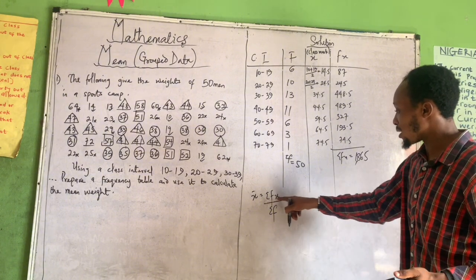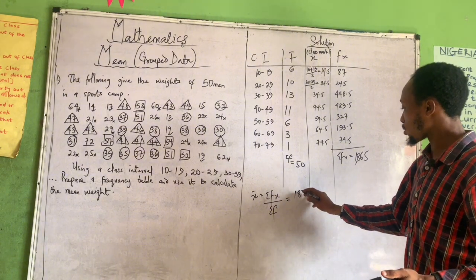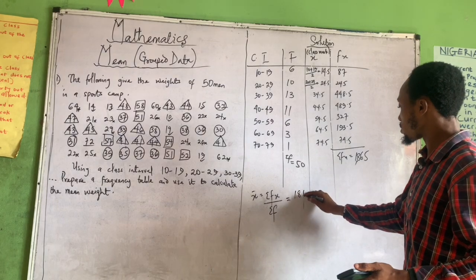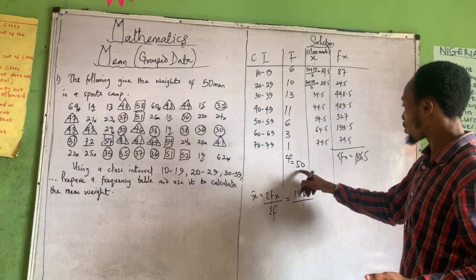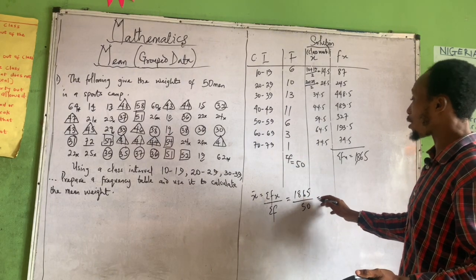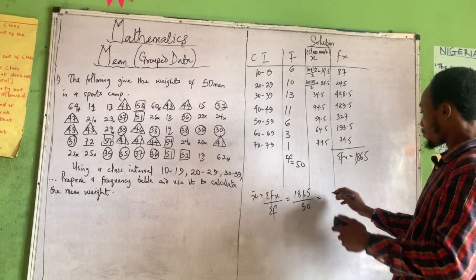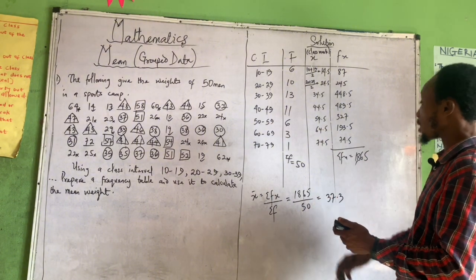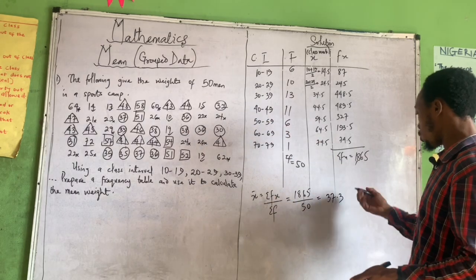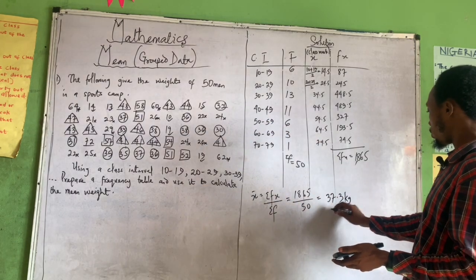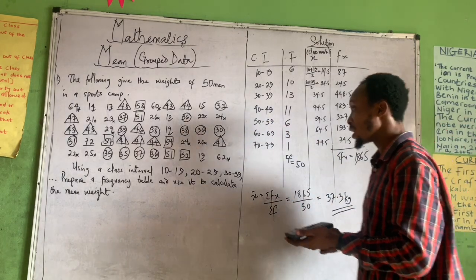So you know your formula is the summation fx, which is 1,865, over summation f, which is 50. That's the total frequency we have been given. So divided by 50, you have 37.3. Now since it is weight, and weight is in kilogram, we have 37.3 kilogram.